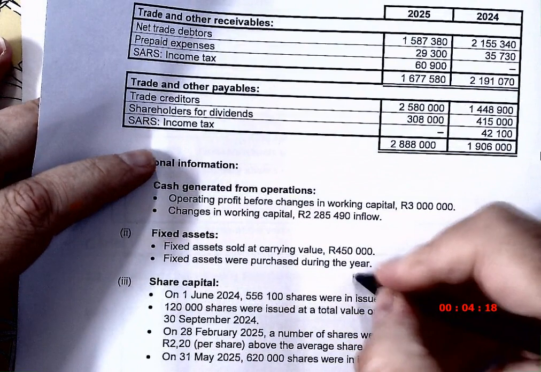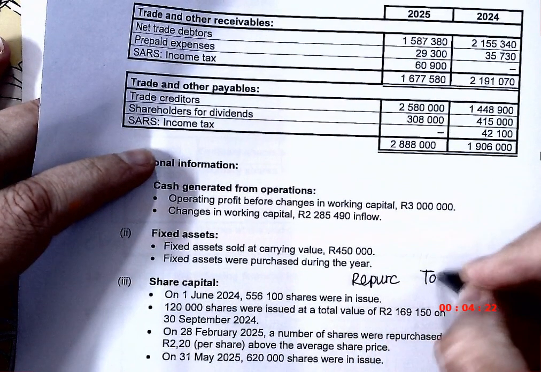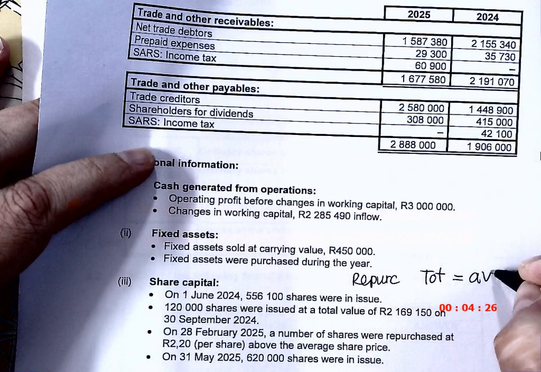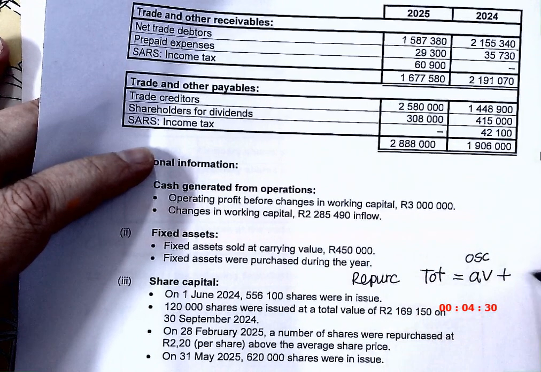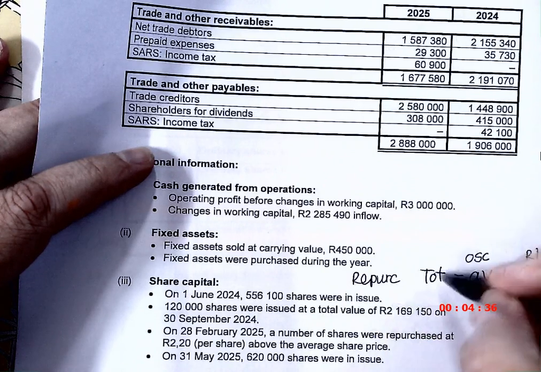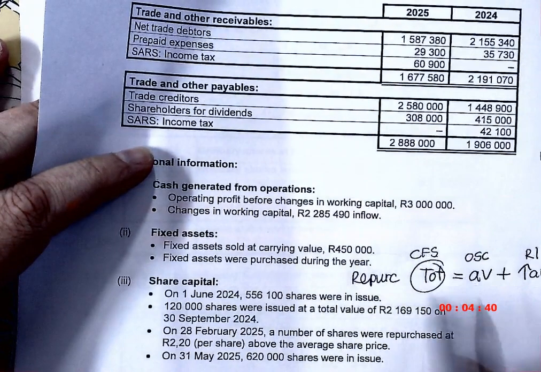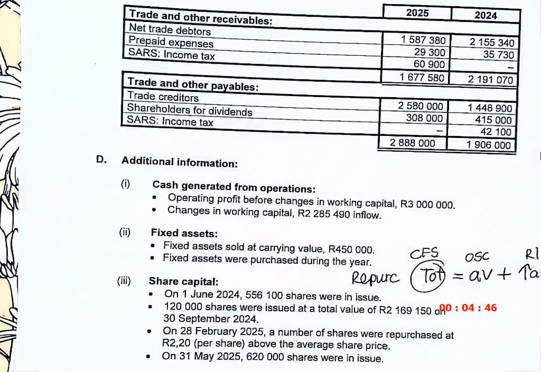When I repurchase, I want the total price, the average, which goes to the capital, and the above average, which goes to the retained income. So this total is the one in the cash flow statement, because this is how much I pay for it. Are you with me? There's an answer sheet for you.